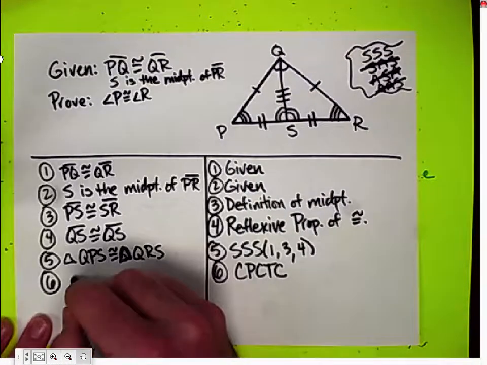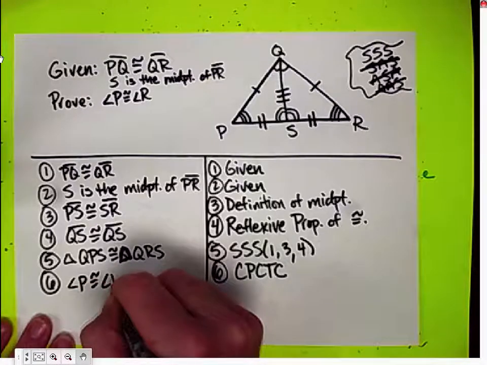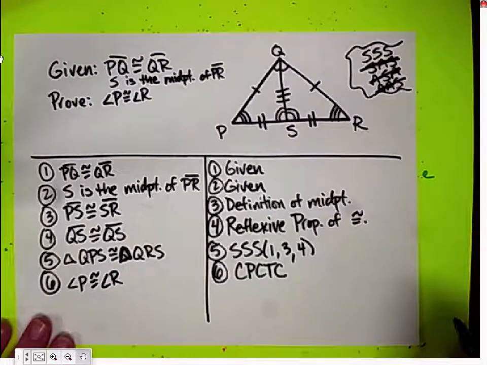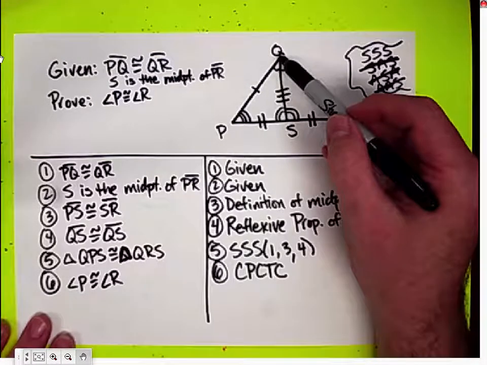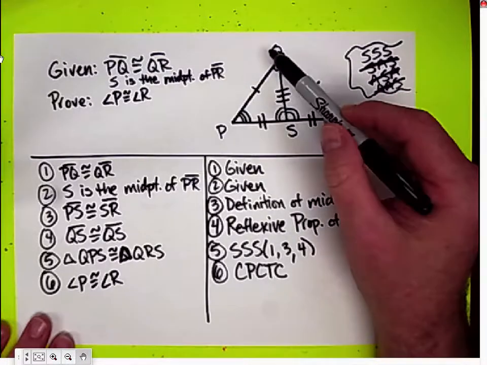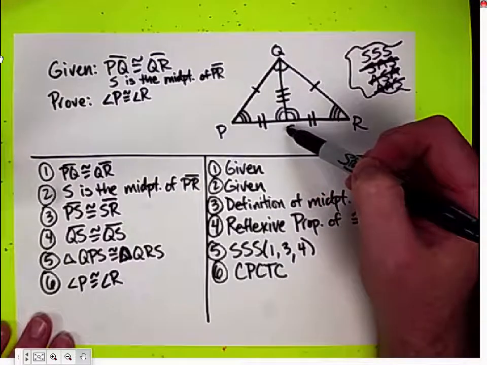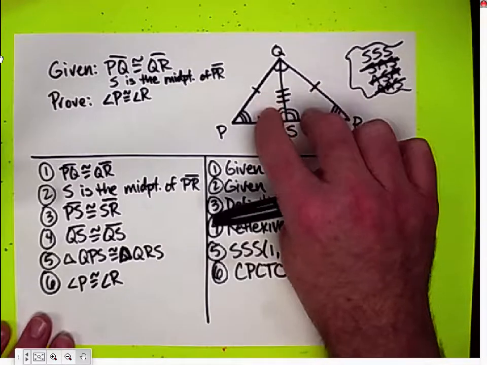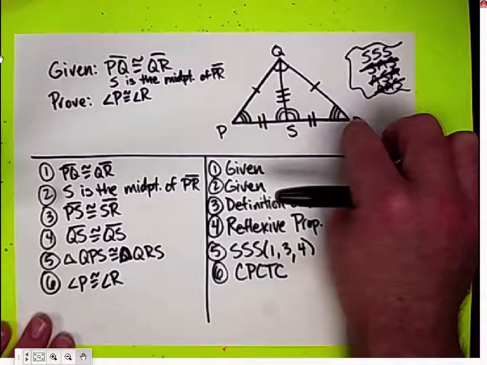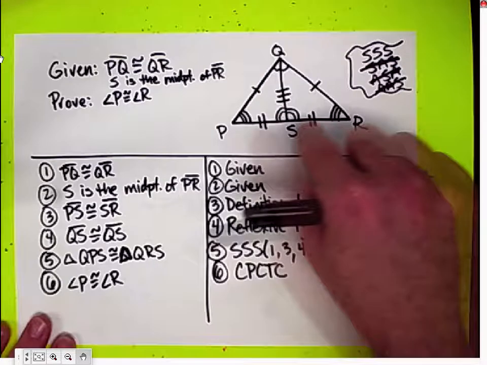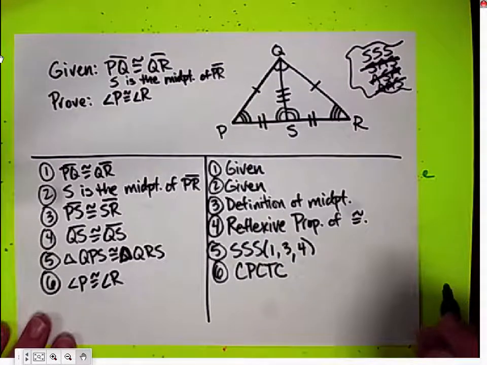P and R. Angle P is congruent to angle R by CPCTC, and we're done. So we have proven that if you have an isosceles triangle and you draw this line down the very middle, you can prove these two triangles are congruent, which means these two angles are. So in an isosceles triangle, the base angles are congruent.